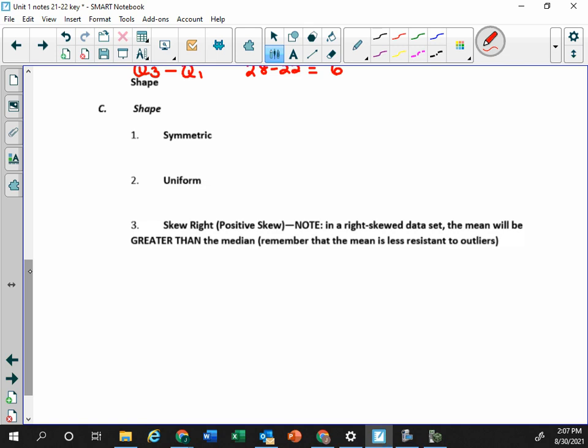So first, what symmetric means. Draw a couple for you. And bear with me on my drawing skills, okay? So that is a symmetric distribution. If we're doing a histogram, that's symmetric.